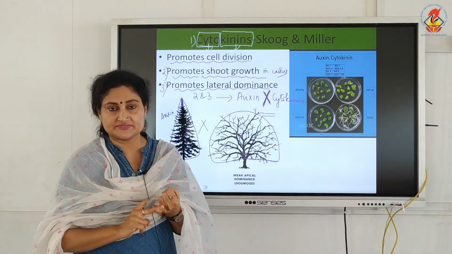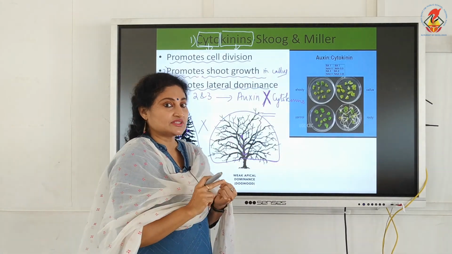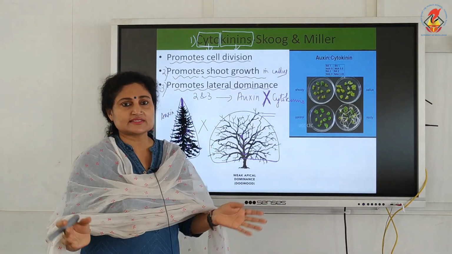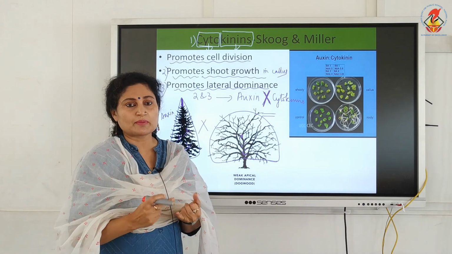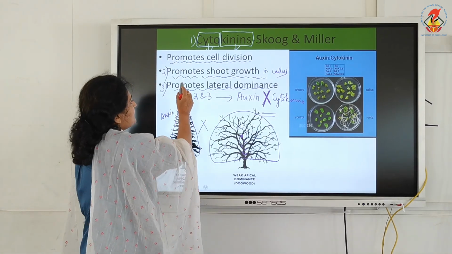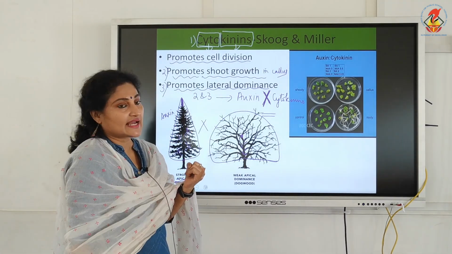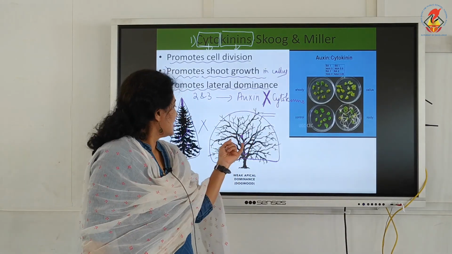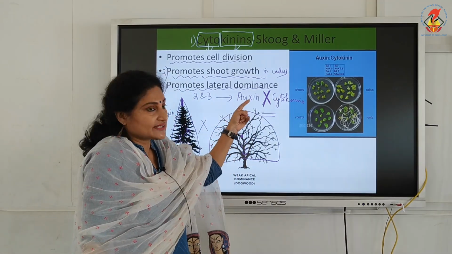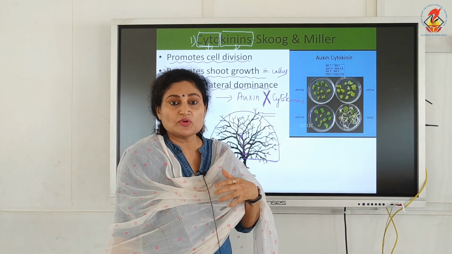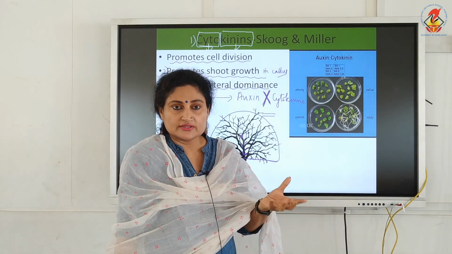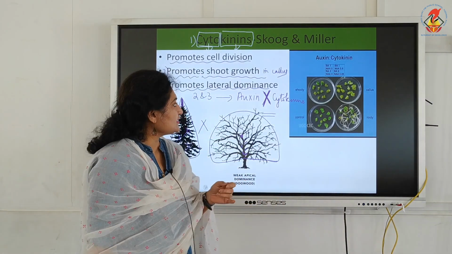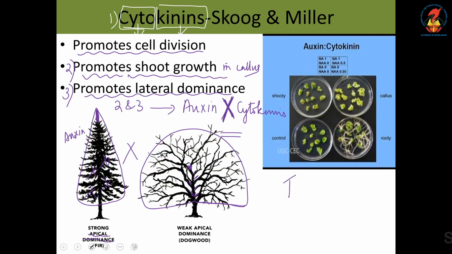Cytokinins means cell division. So it promotes cell division in callus or in the plant itself, wherever it has to grow. Second, it promotes shoot growth in calluses. That goes in context to auxins. Auxins promote rooting. Here it promotes stem growth, especially in the case of tissue culture.